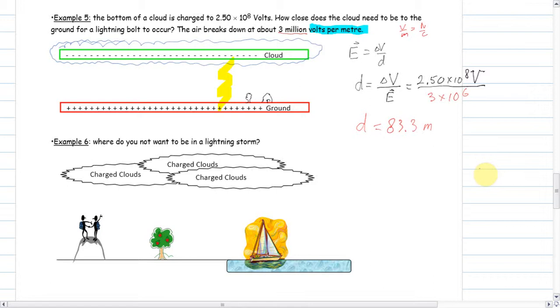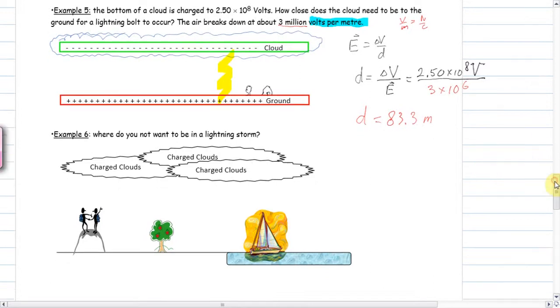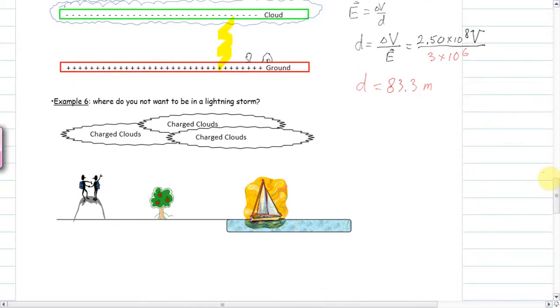So example number 6. Where do you not want to be standing in a lightning storm? At the top of a mountain? Top of a hill? Near an apple tree? How do you like my sailboat on water? You don't want to be in a sailboat.